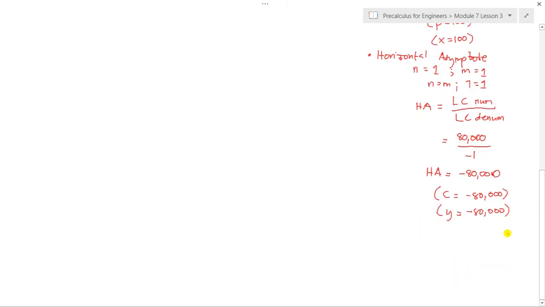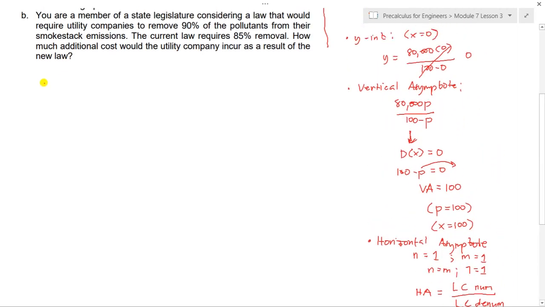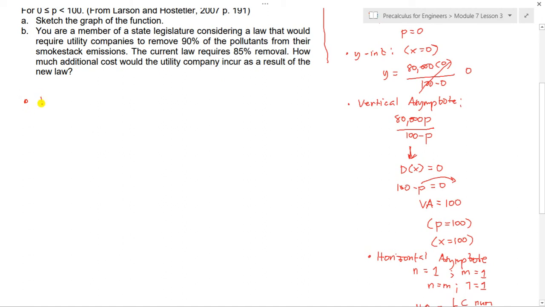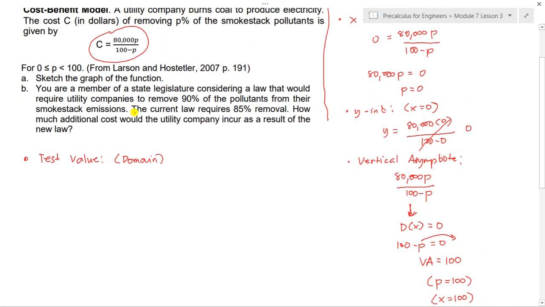The next one is ang ikalima characteristics para mag-graph nato ang rational function is, di ba? Katong gingon nga test value. Okay, test value. Ang test value magdepend siya sa domain sa ato ang rational function. So unsa may domain nato diri? Di ba we only have one restriction sa ato ang domain.